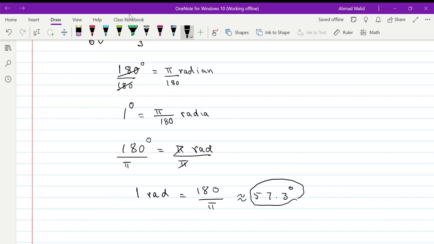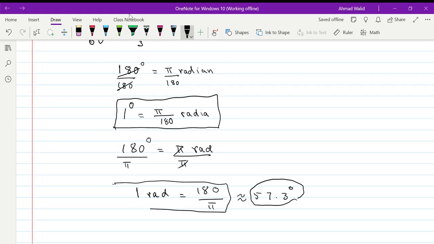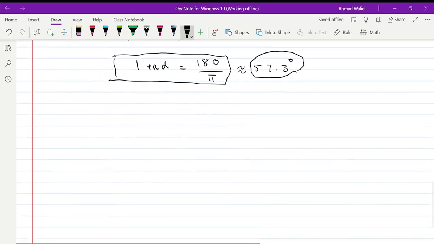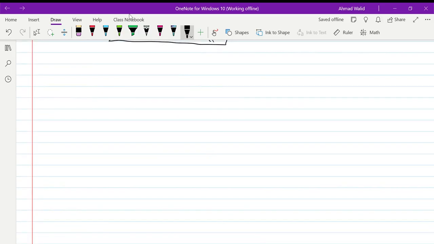These two formulas, 1 degree equals pi over 180 and 1 radian equals 180 over pi, are the main two formulas that you can convert degree to radian and radian to degree. How? I'll put some notes here for you.